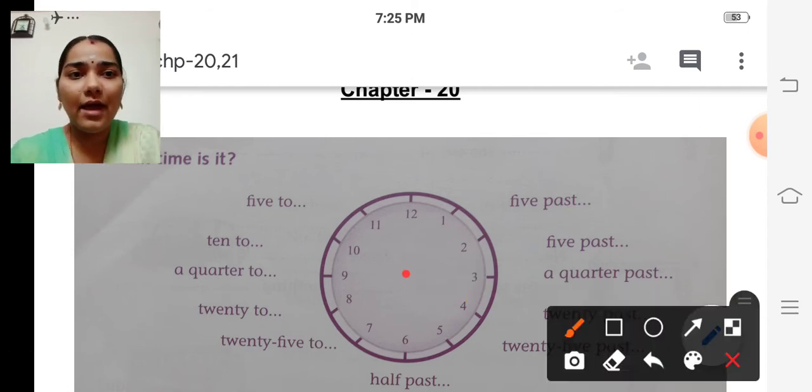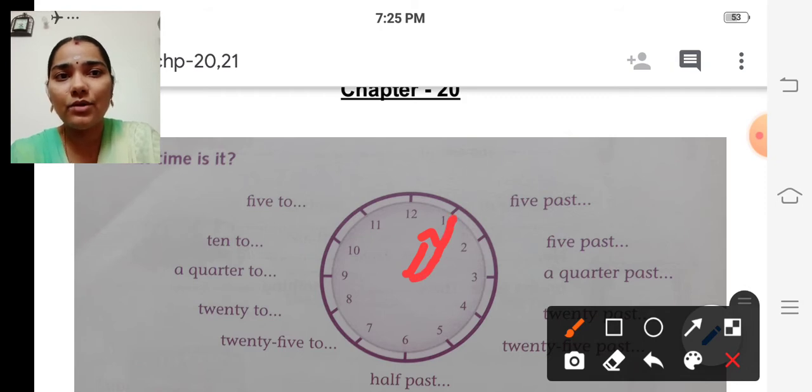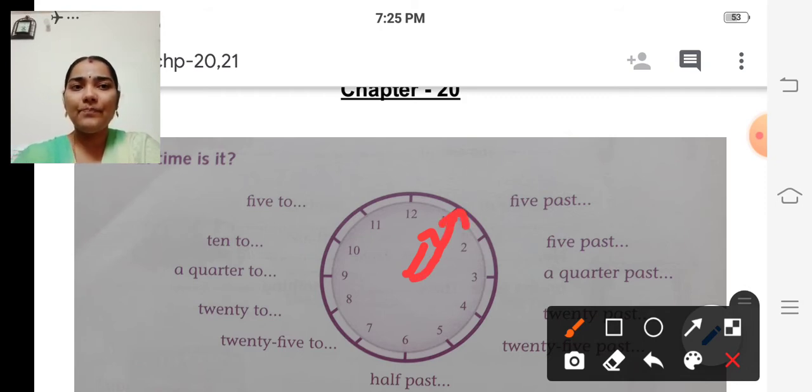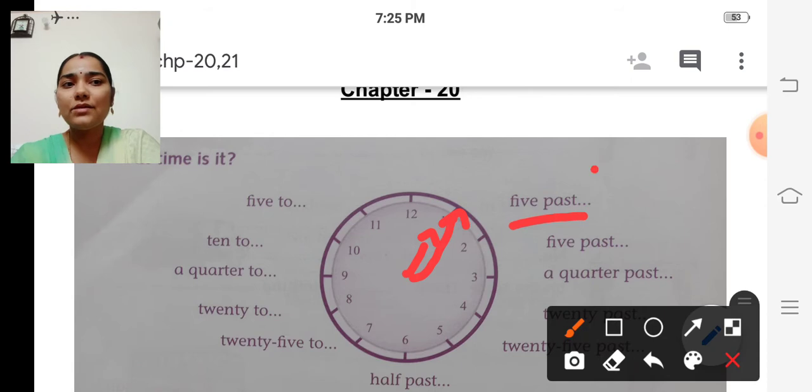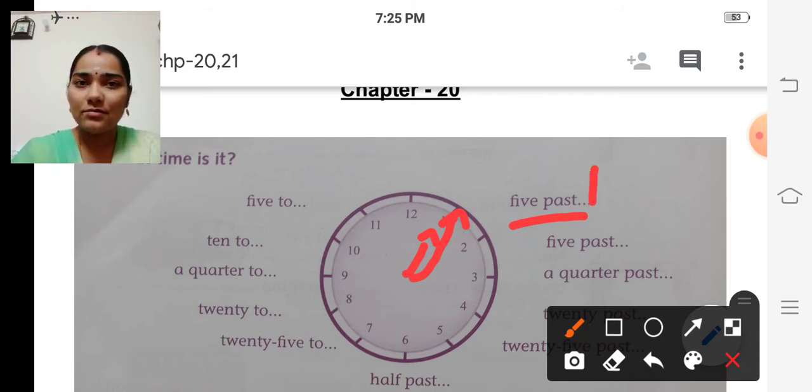Suppose the hour hand is at 1 and the minute hand is also at 1, then we'll say 5 past 1. Is it clear, children? Yes.